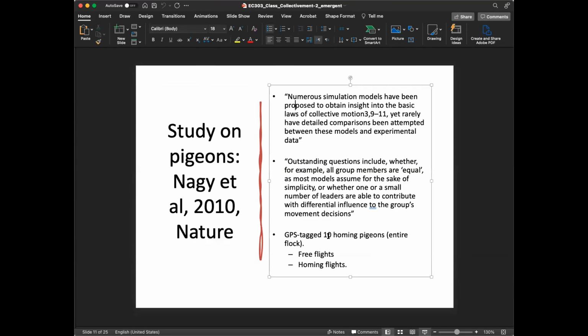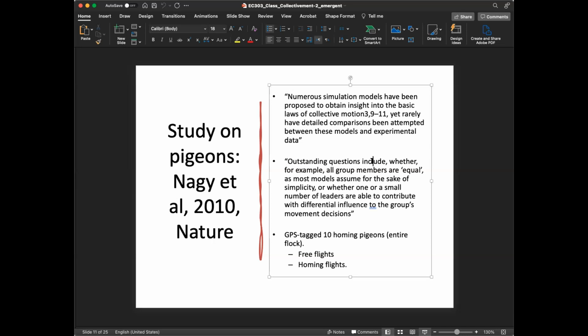Let me quote a sentence I have borrowed from this paper. "Numerous simulation models have been proposed to obtain insight into basic laws of collective motion. Yet rarely have detailed comparisons been attempted between these models and experimental data.